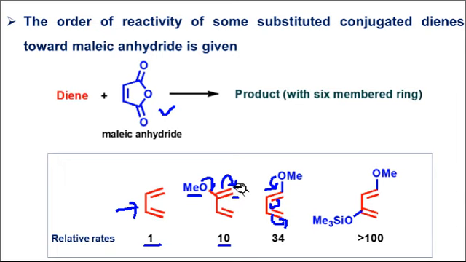Therefore the electron will flow like this here, whereas in this case an extended conjugated system gives more delocalization, more resonance, to this lone pair of oxygen. That's why the rate of reaction will be higher. This diene is known as the Danishefsky diene.